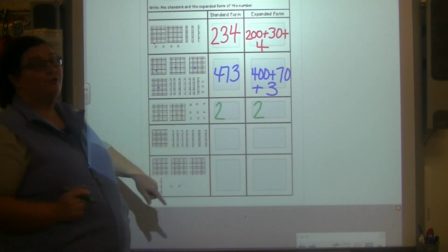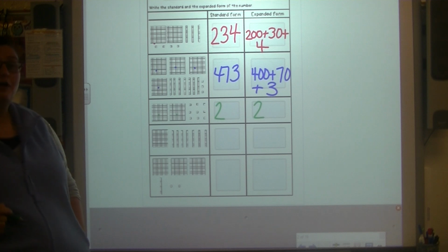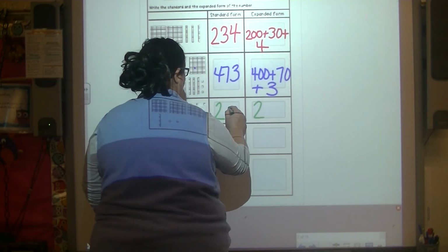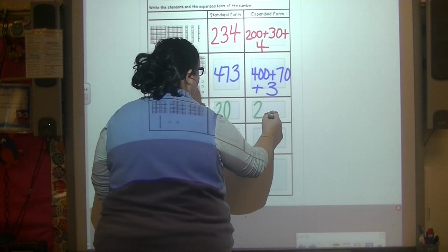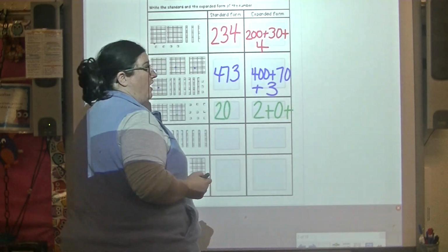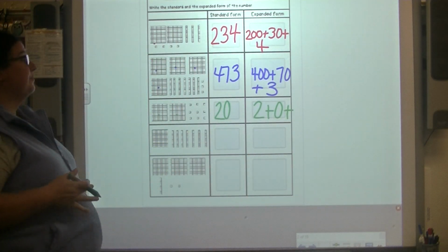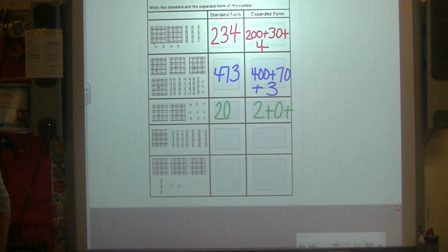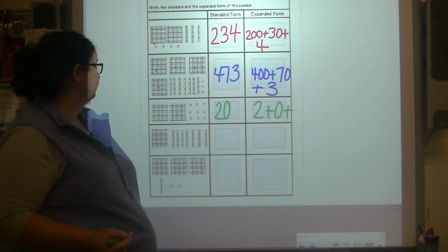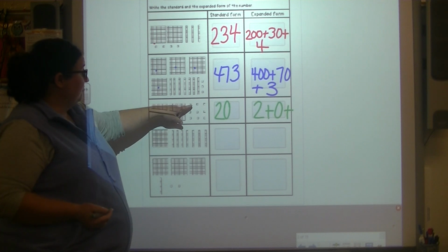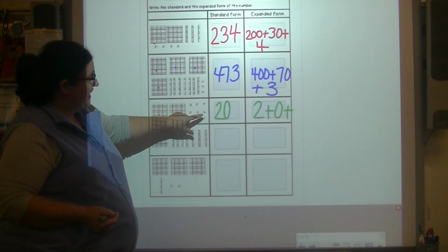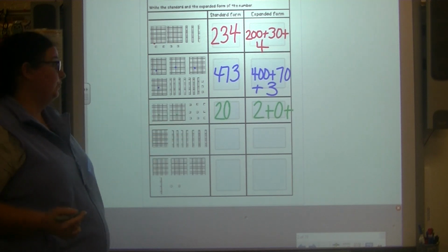There are no groups of 10, so I put a placeholder in of 0. And when I add my place value, I always put the 0 in so it doesn't confuse me. You don't have to, but it helps me know, hey, there are no 10s. Now let's count our ones. 1, 2, 3, 4, 5, 6, 7, 8, 9 ones.